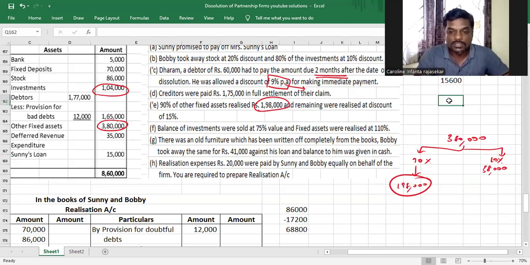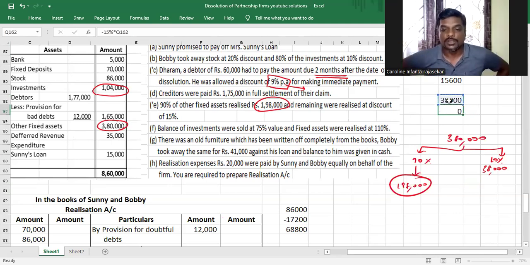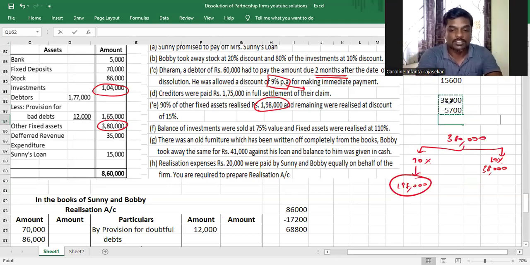We are realizing it at a discount of 15%. So from 38,000 you remove the 15% discount, boss. 15% of 38,000 is 5,700. So the remaining is realized for 32,300. Understood or not, my dear children?